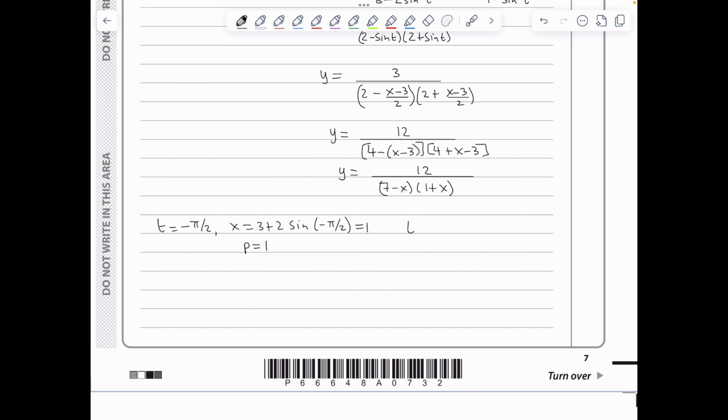And when t is pi over 2, we get x is 3 plus 2 sine of pi over 2, which gives an answer of 5, and therefore we conclude that q is equal to 5, and therefore this means that 1 is less than or equal to x is less than or equal to 5.